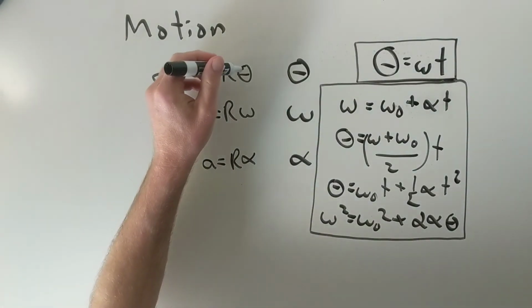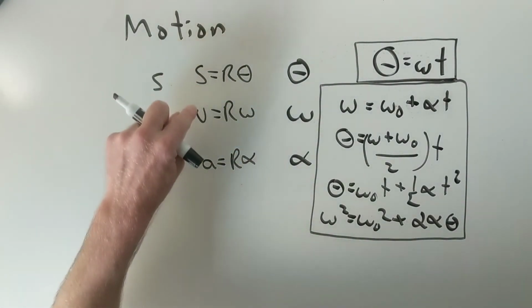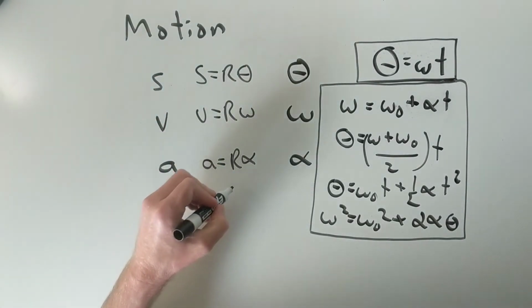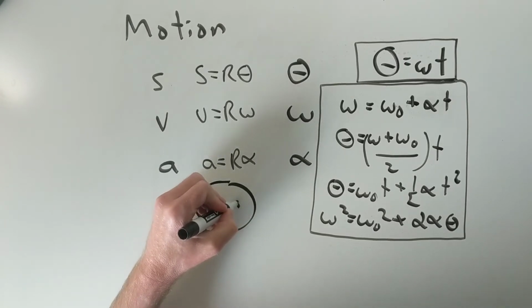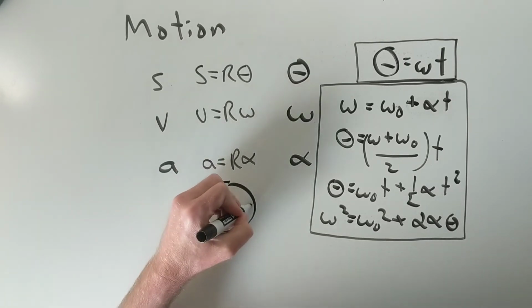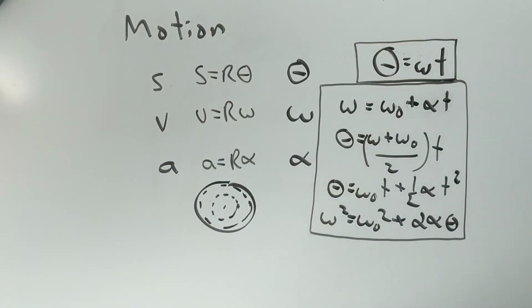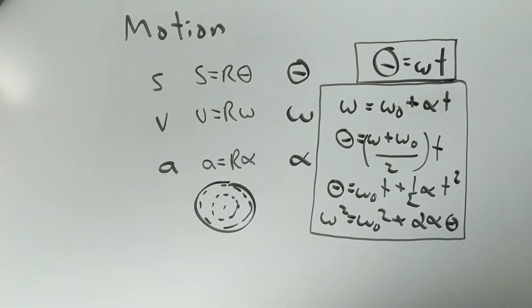So these quantities are not dependent on the radius. These ones are. The further out you are on a circle, the bigger path you have to move, so you also have to be moving faster compared to everything else. So the first part of this unit is all about motion.